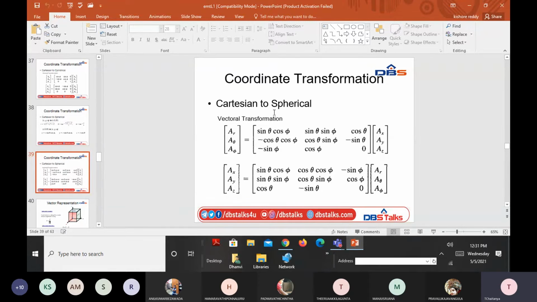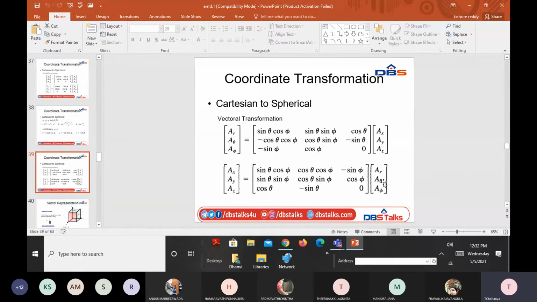Similarly, can we have a conversion from spherical to Cartesian? I know the spherical values, that is ar, a theta, a phi. With the help of this, we want to get the values of ax, ay, az. Then ax, ay, az is here on the left side of the equation.